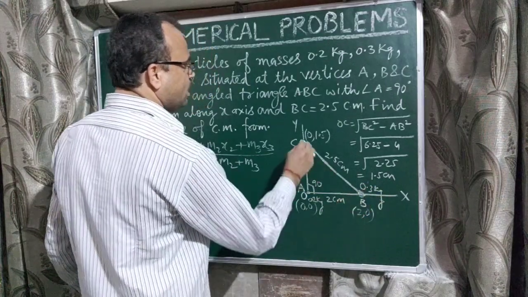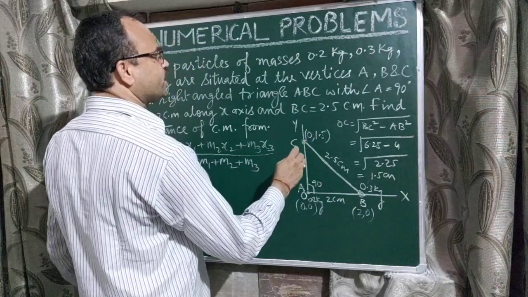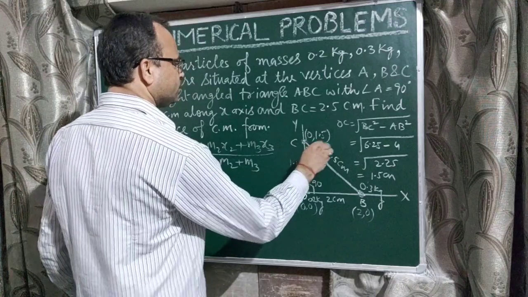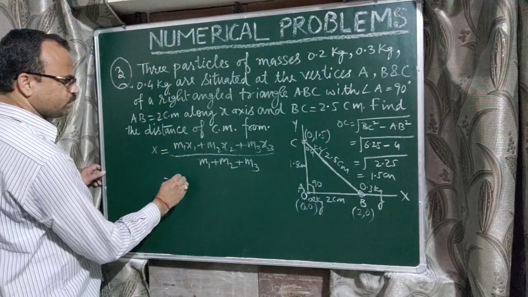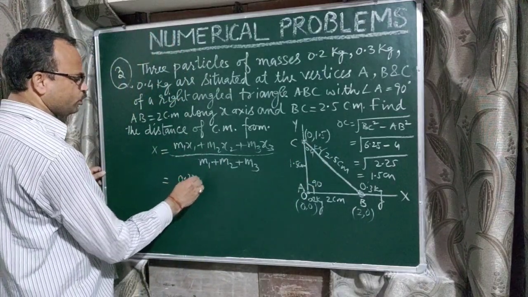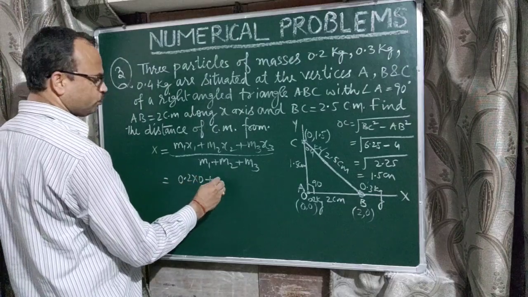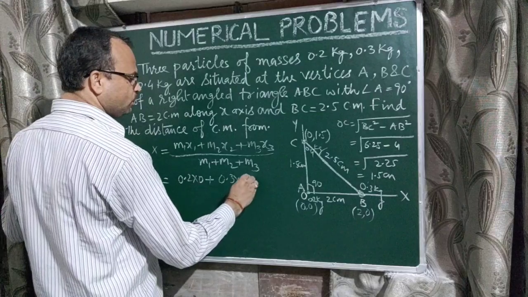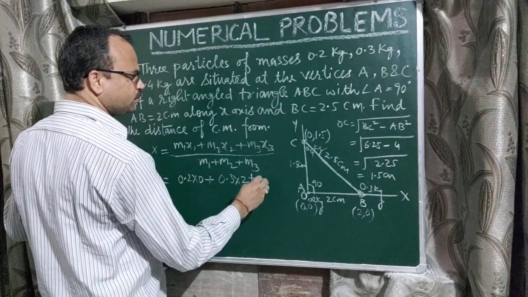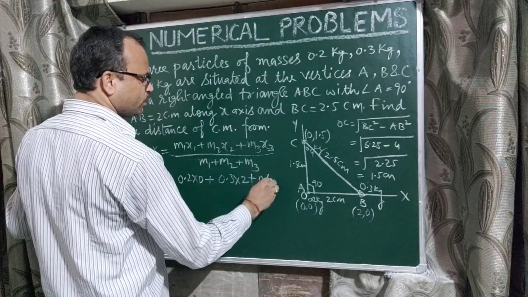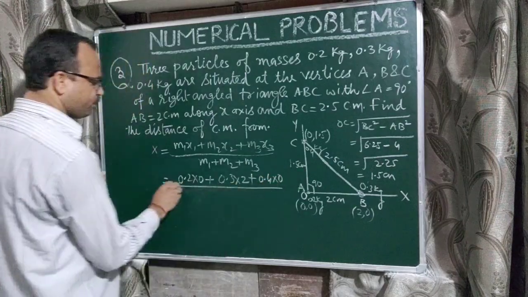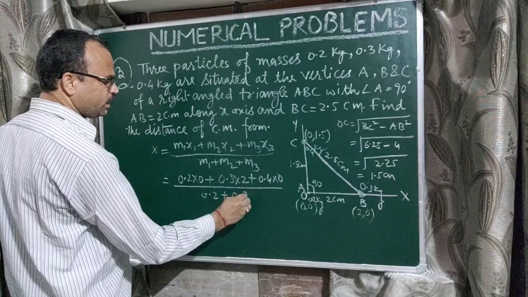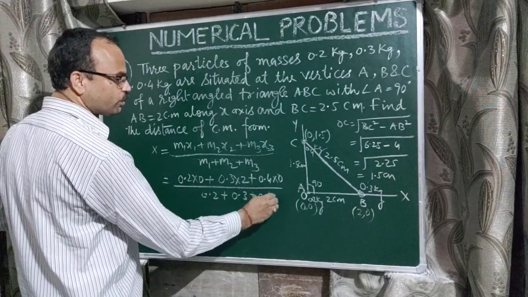Okay, and the mass at vertex C is 0.4 kg. So x = (m1 x1 + m2 x2 + m3 x3) / (m1 + m2 + m3) = (0.2 × 0 + 0.3 × 2 + 0.4 × 0) / (0.2 + 0.3 + 0.4).